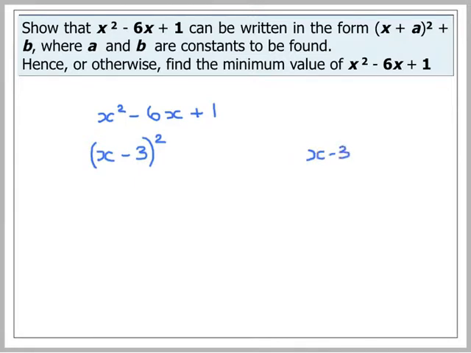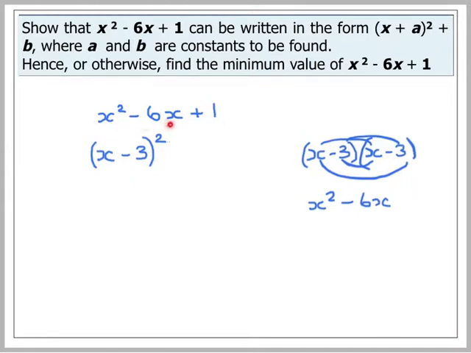So x minus 3 squared means x minus 3 times by x minus 3. When I go through and expand all of this, it multiplies out to give me x squared minus 6x, which is exactly the same as I've got there, but on the end this one will give me 9.